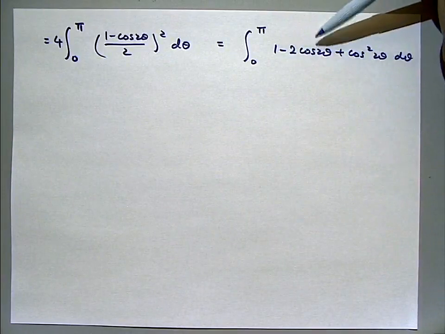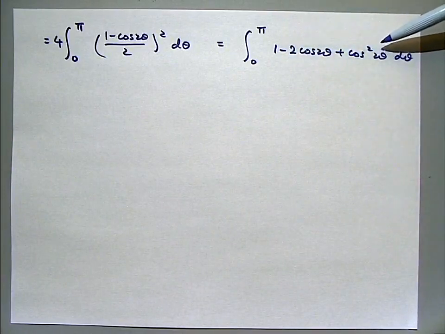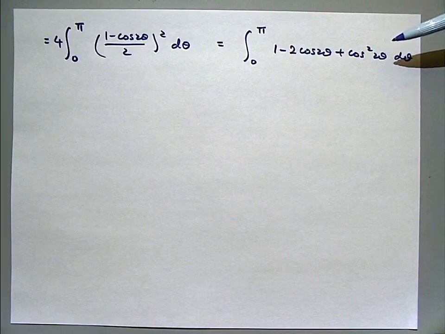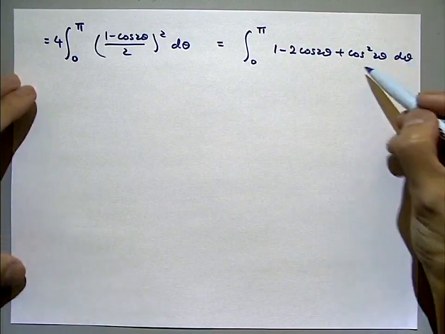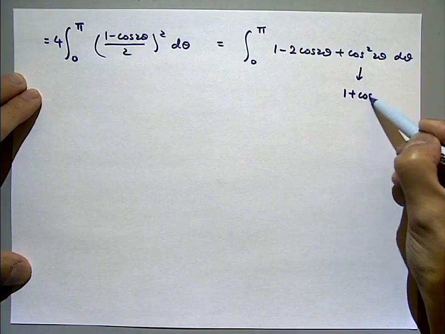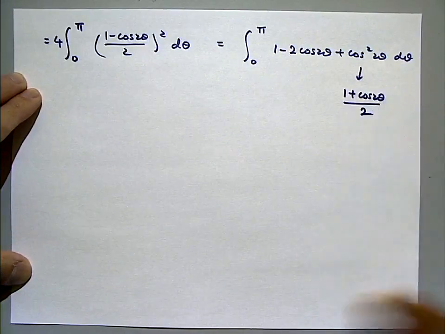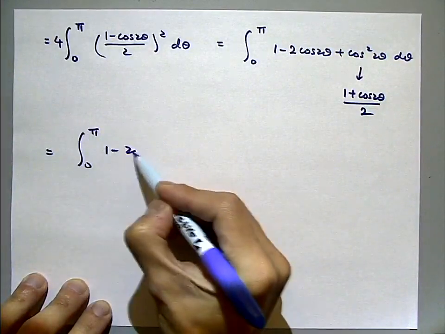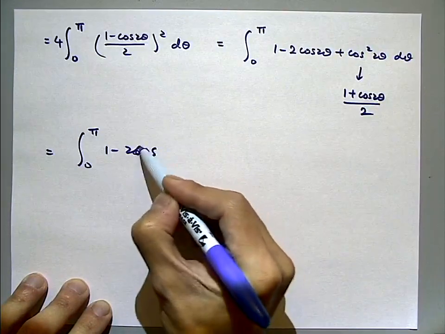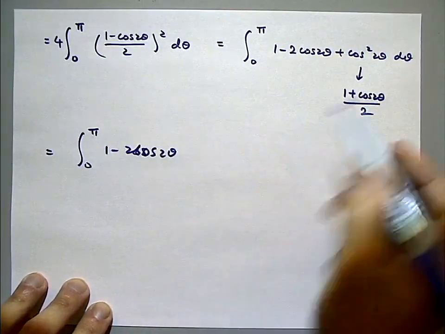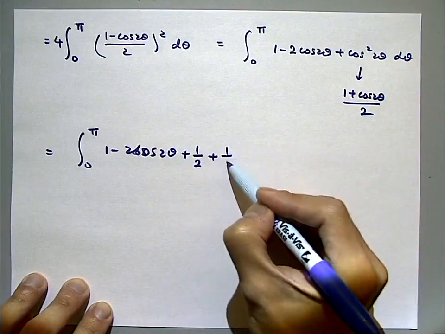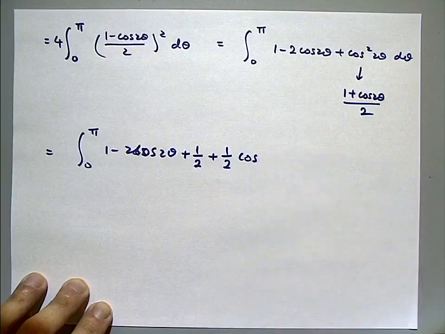That's easy. That's easy. What about this? What do you do with this? The cosine version of that identity, right? Okay, so 0 to pi, 1 minus 2 cosine 2 theta, that's going to be plus 1/2 plus 1/2 cosine of what?